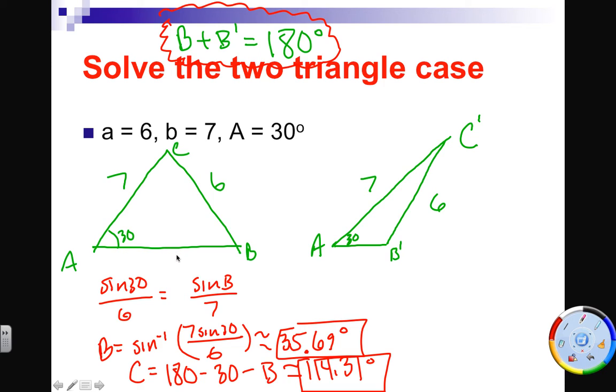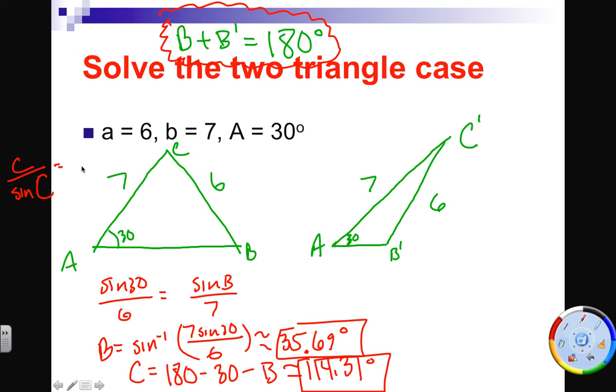Now we've got to figure out my missing side, and we're just going to use the law of sines again. Sine of big C over, actually under little c. I don't want to use a whole bunch of rounded values. I'm not actually going to reuse the rounded value here.